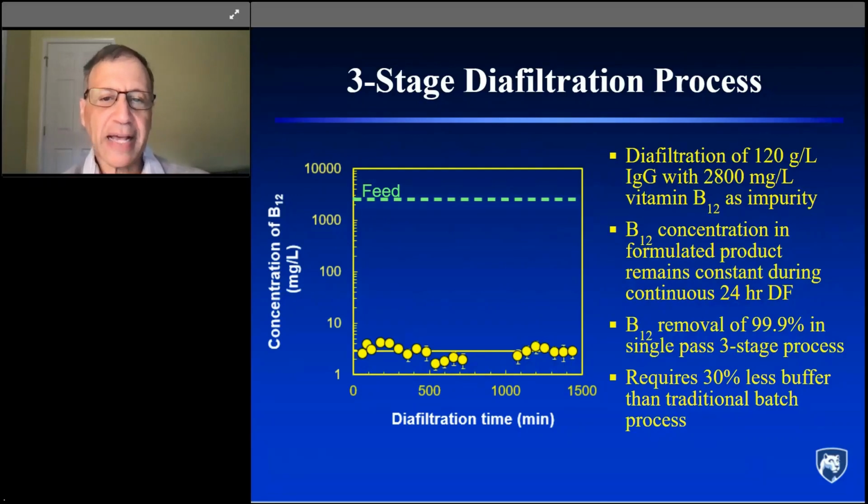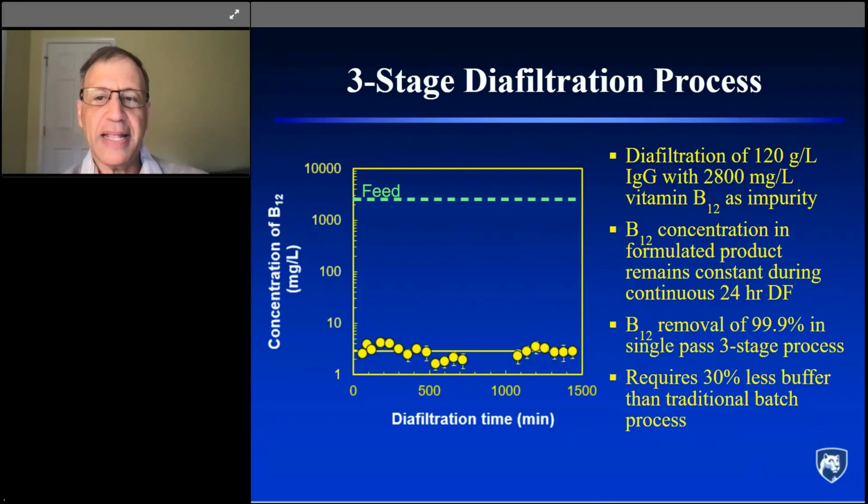As you can see, the concentration of vitamin B12 is perfectly stable over a 24-hour process. We ran this continuously without any cleaning or regeneration of the membrane module. The vitamin B12 leaving this system is about 1,000-fold smaller than the vitamin B12 concentration in the feed.